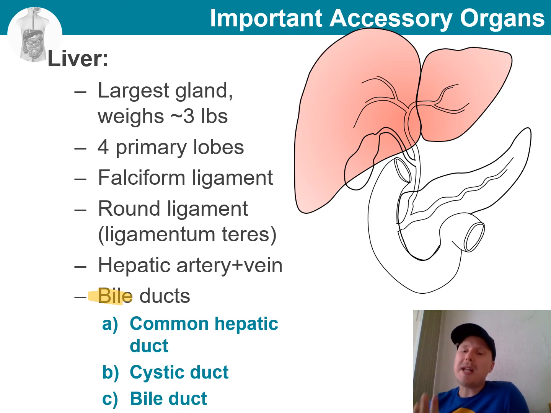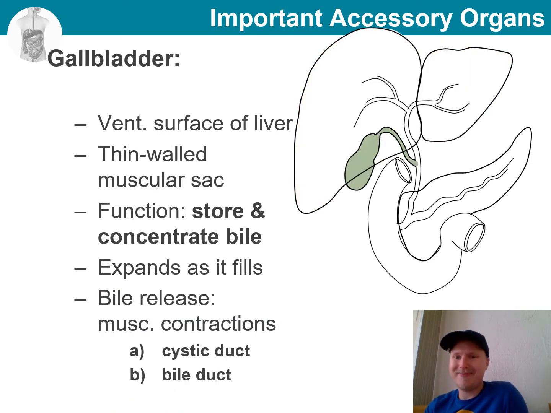Now that we have looked a fair bit at the liver, it is time to move on to discuss the gallbladder. The gallbladder is a thin-walled muscular sac located on the ventral surface of the liver. And it is, of course, the site where the bile produced by the liver is stored and concentrated.